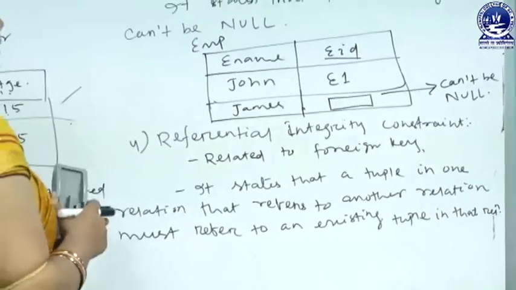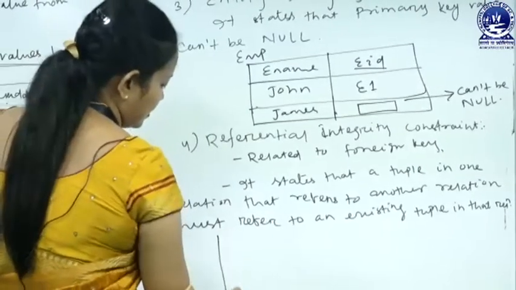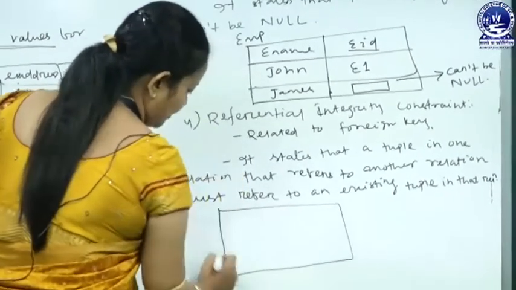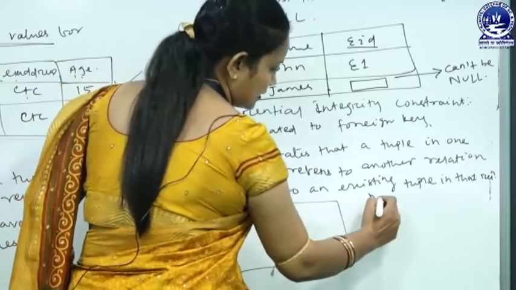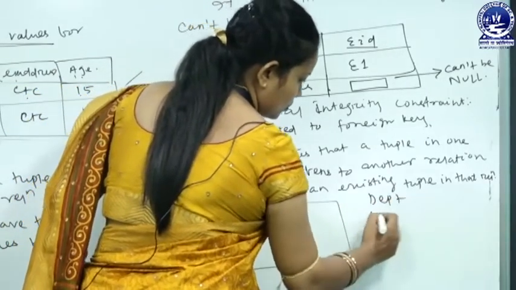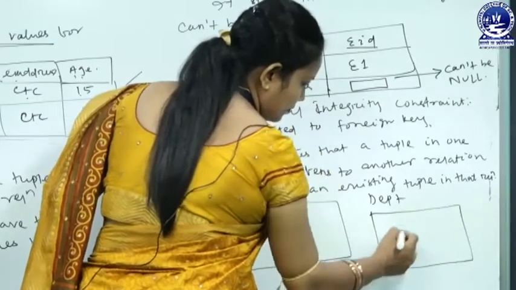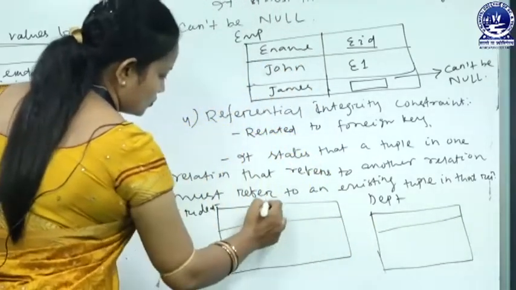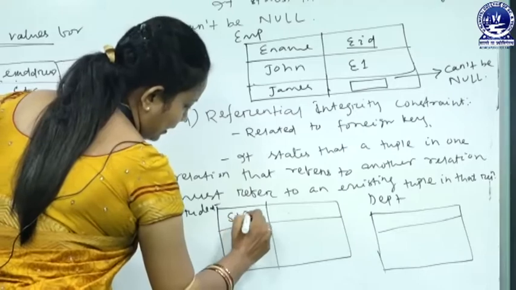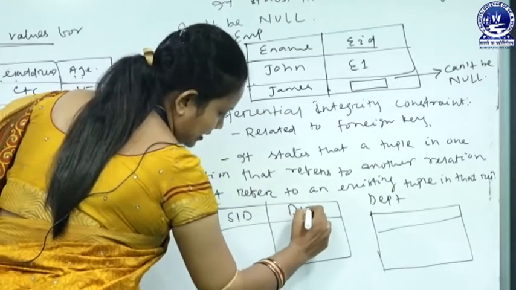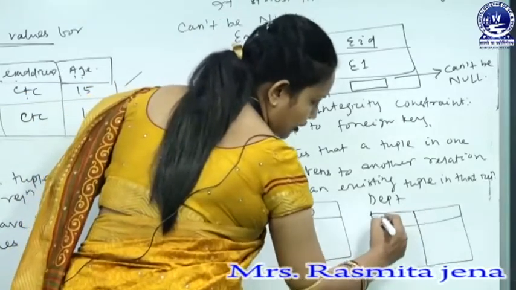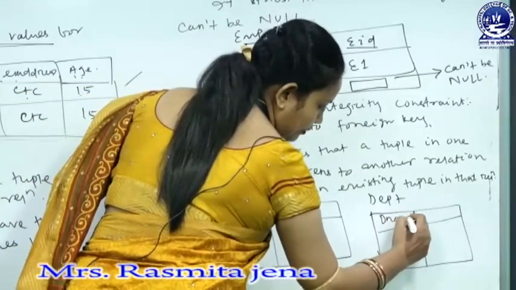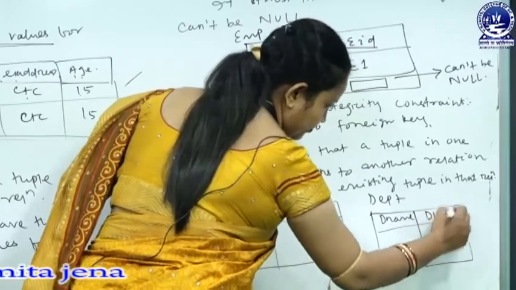Suppose there is a student relation, and suppose there is another relation, that is the department relation. The student relation has attributes student ID and DID, that is department ID. And the department relation has attributes D name and DID.